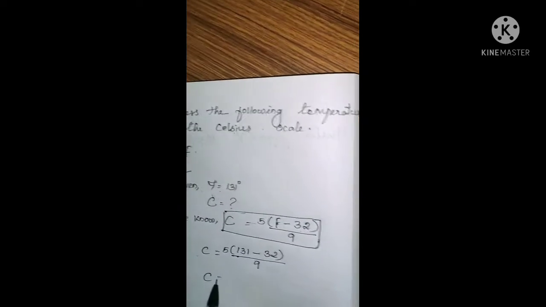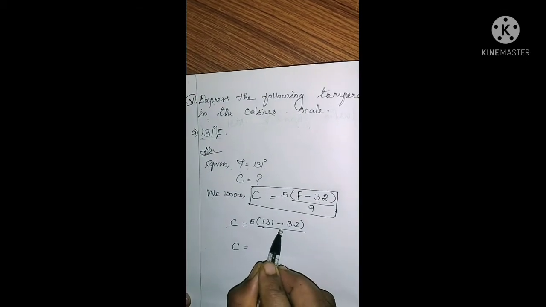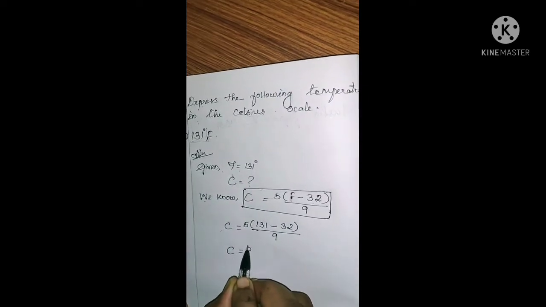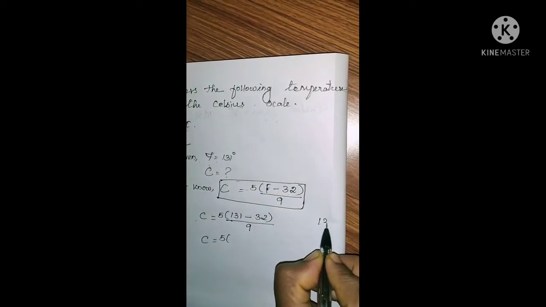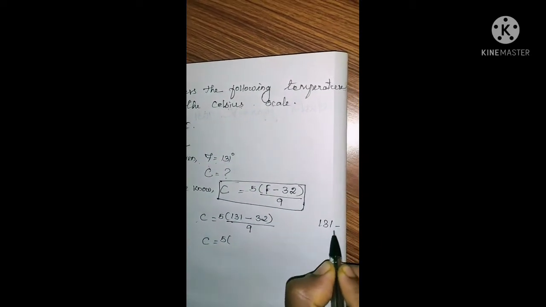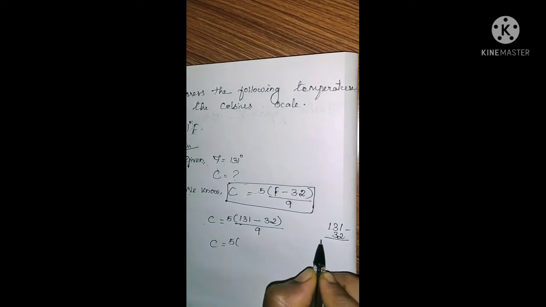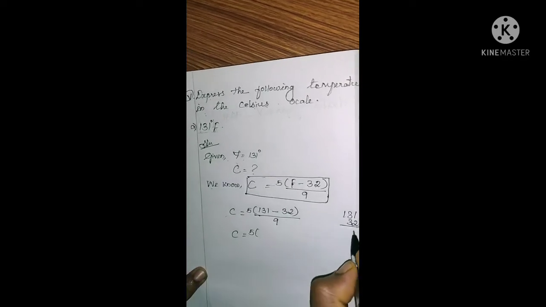So C is equal to, first you complete what is in the bracket. That's the rule. So 5 into, see here, 131 minus 32. You can do it in your mind or on paper and get the answer.